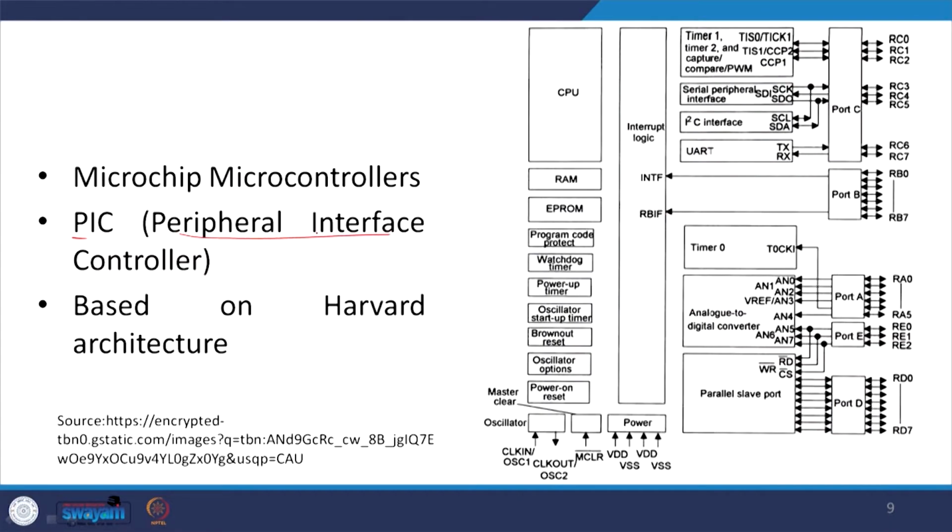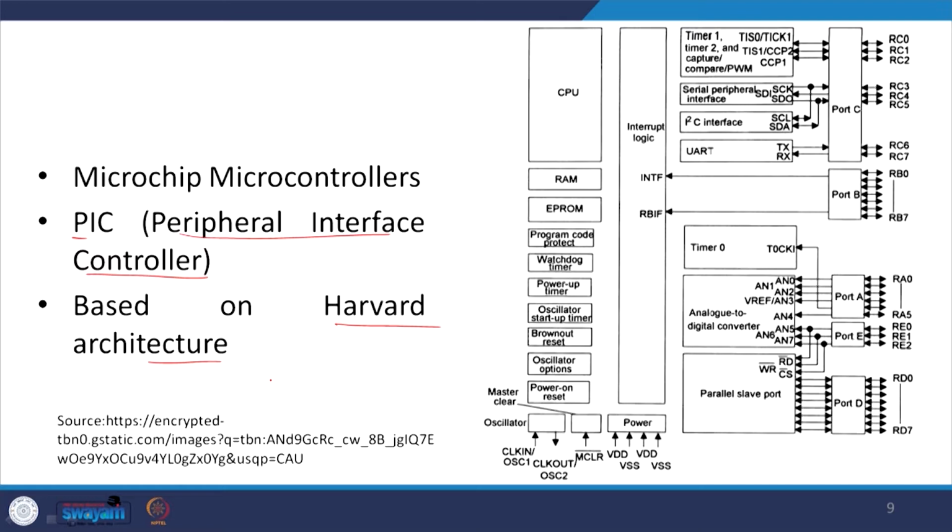One of the very popular microchip microcontrollers is the PIC, basically which is peripheral interface controller, and this is based on the Harvard architecture. And again here we can see the various components of it.